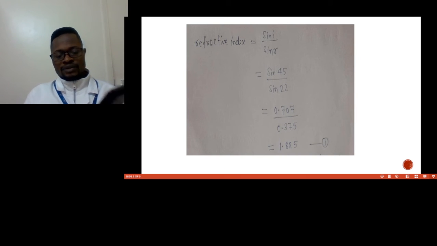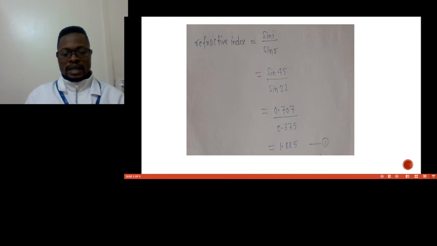If you have your calculator, you can put sine 45, that will give you root 2 divided by 2. If you evaluate that, you will get 0.7071, so you can approximate it as 0.707. Then do it differently, sine 22. Sine 22 will give you 0.375.